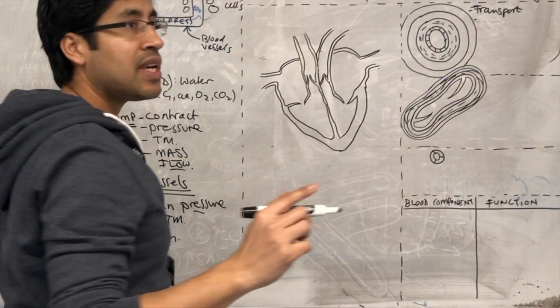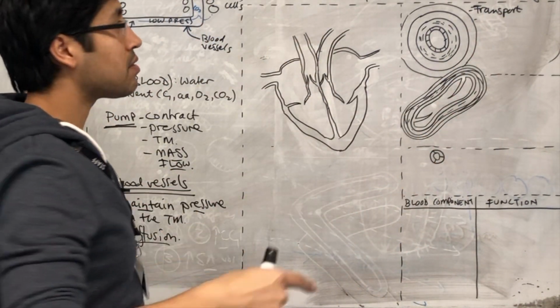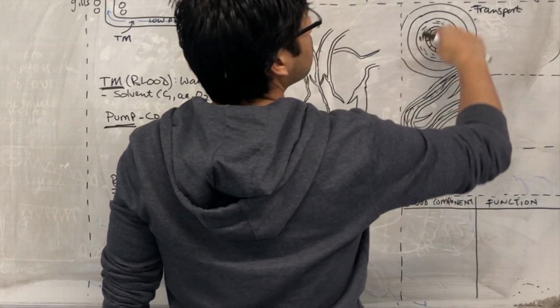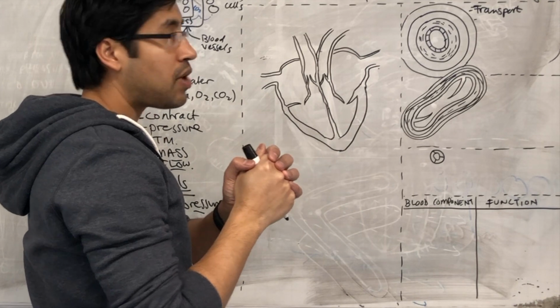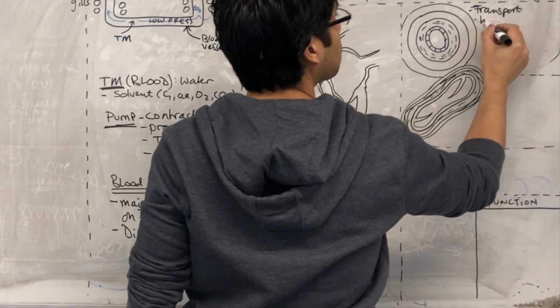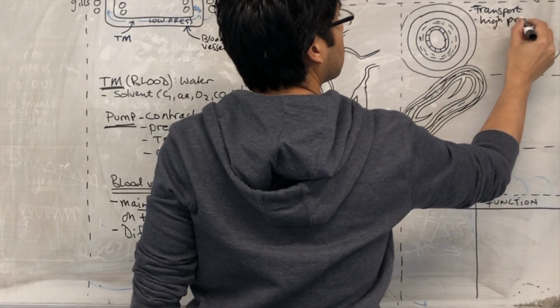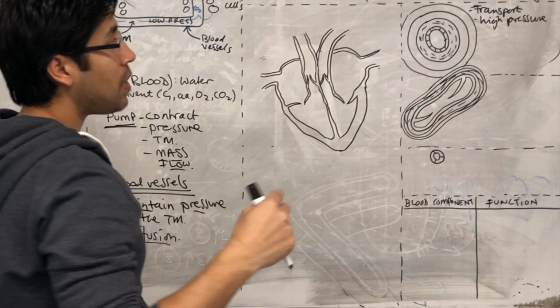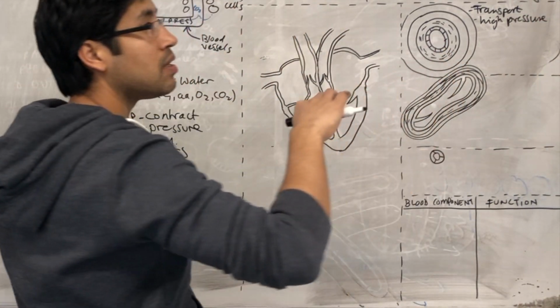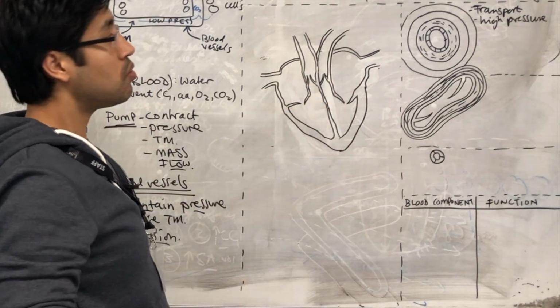But what are its particular challenges? Well, arteries are taking blood away from a heart that has just contracted, right? So it has to deal with high pressure. It has to maintain the pressure, and it has to withstand the pressure, two things.